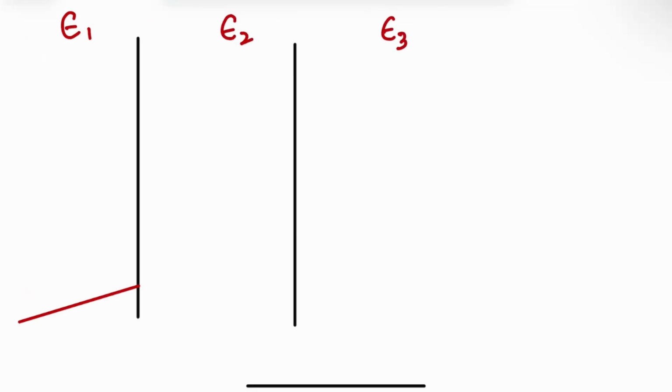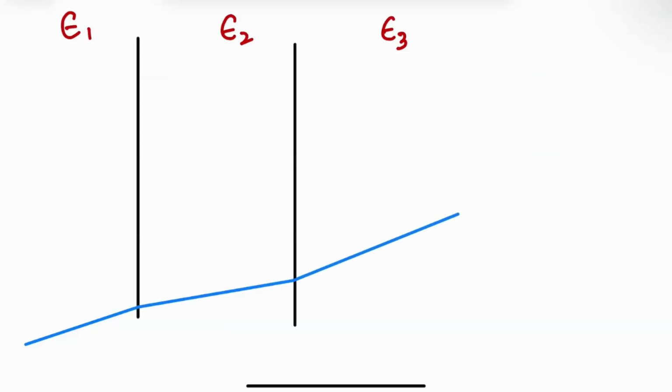So I have some incident field coming in here, and I can label these as epsilon1, epsilon2, epsilon3. Okay, let's use blue. So they come in at some angle. Some of this goes into the medium and then comes out the other end, and some of it is reflected at this surface. Again, at this surface, there was some reflection.